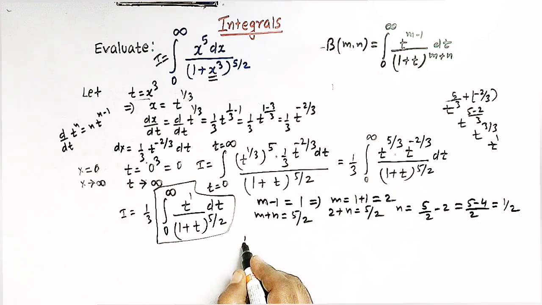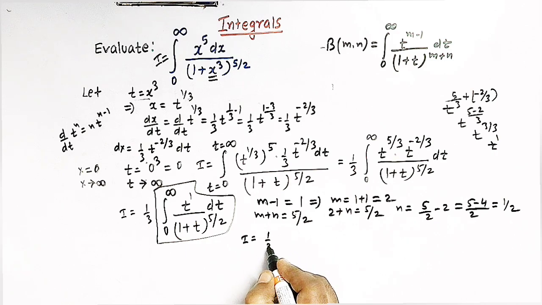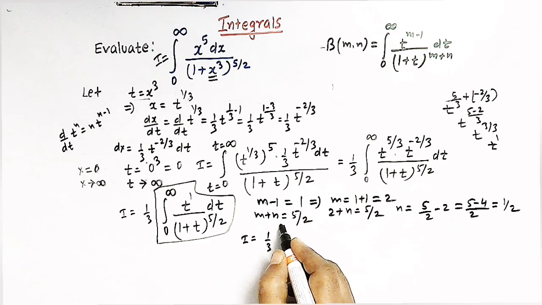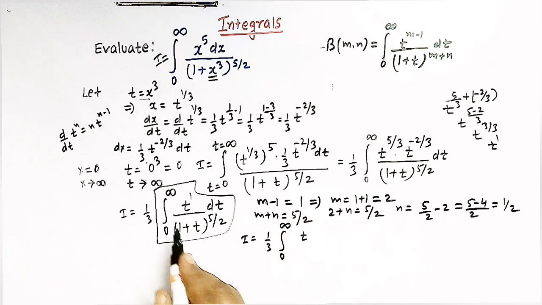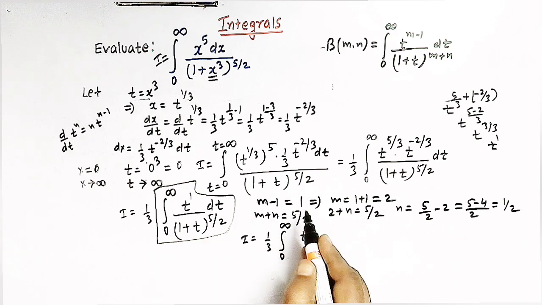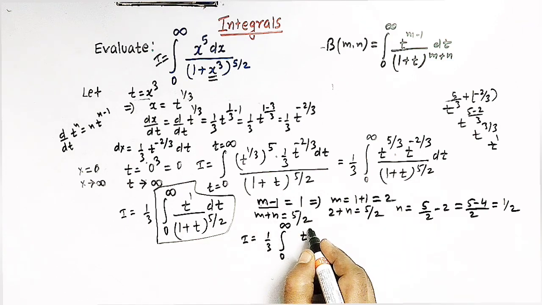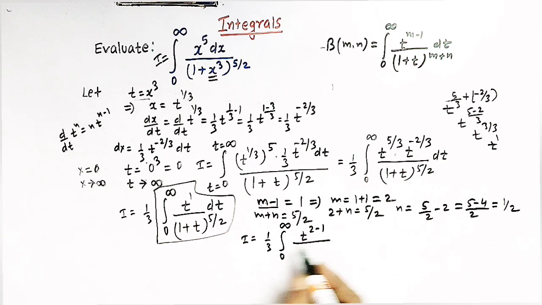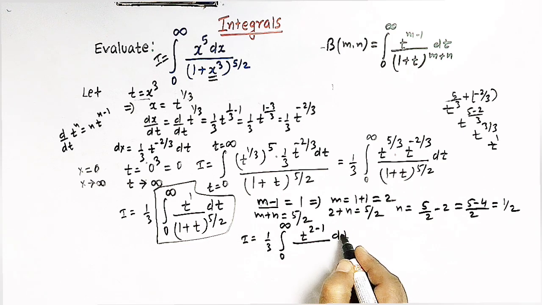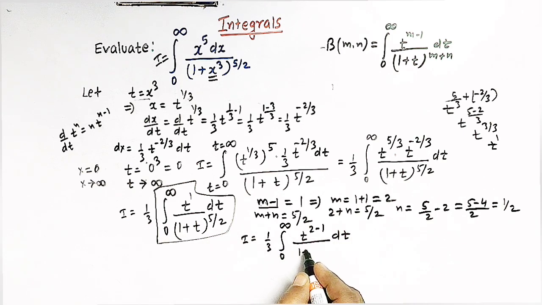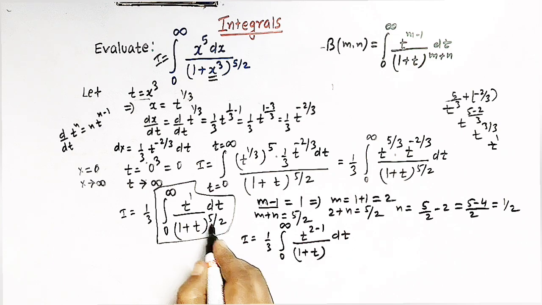So now we can write this integral I as 1 over 3 times the integral from 0 to infinity of t raised to 1. So 1 can be written as m minus 1. So m is 2, so we can write 2 minus 1, and here we have dt, and (1 plus t) raised to 5 over 2.